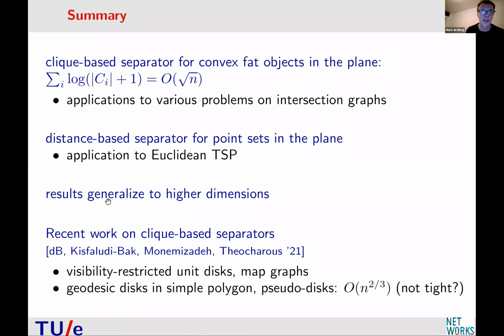We know that we can still get this clique-based separator, but instead of square root of n, we can only prove n to the 2/3. Or if instead of disks, I give you geodesic disks inside a polygon, and I look at the intersection graph of the geodesic disks, what can you do? Again, we get this n to the 2/3. And we also had some other results.